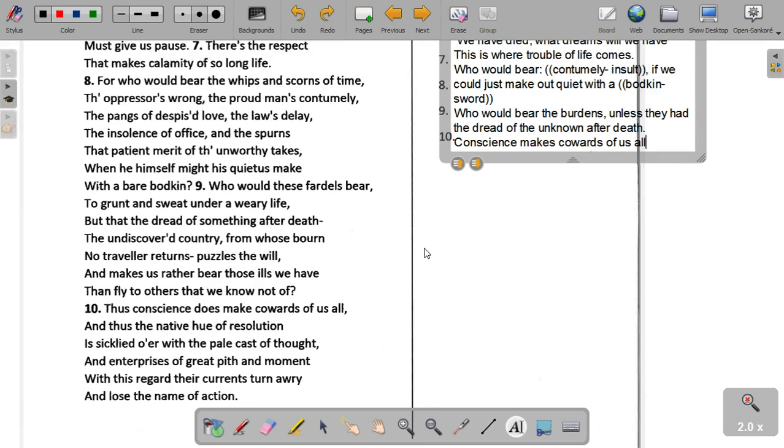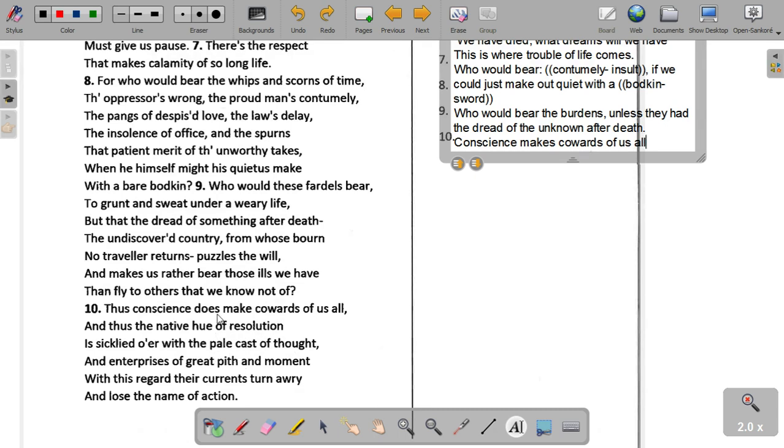This is pretty much the same thing, though in this case it's a little bit different. In this case, it's talking about awareness, the inner sense of what's right and wrong. So that sense makes us cowards. And thus, the native hue of resolution is sicklied over with the pale cast of thought. So resolution in this case means decision.